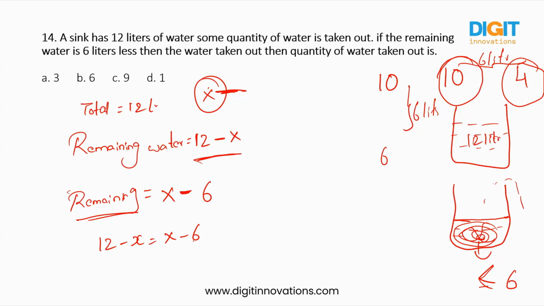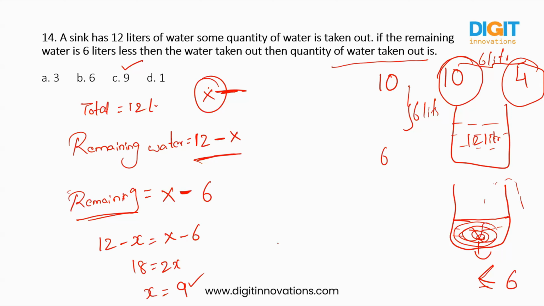So when I take this value to this side and this value to this side, it would be 18 equal to 2x. So x equals 9. So the answer is the water taken out is 9.